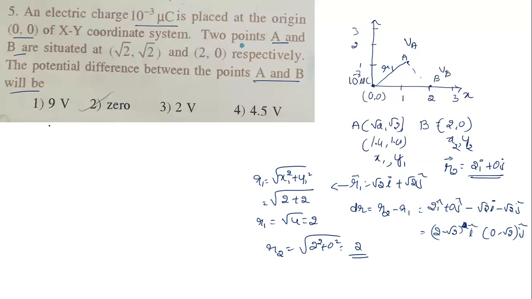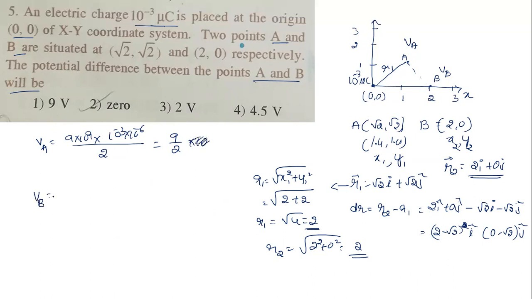So potential at A, VA, is 9 into 10 power 9 into the charge, 10 power minus 3 into 10 power minus 6, because it is 10 power minus 3 microcoulomb, divided by the distance R1, which is 2. So we get 9 by 2 into 10 power 0, just 9 by 2.